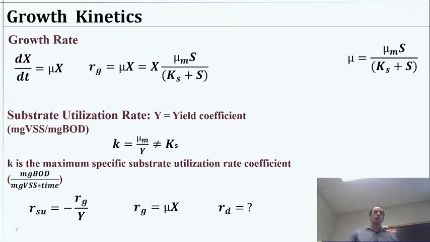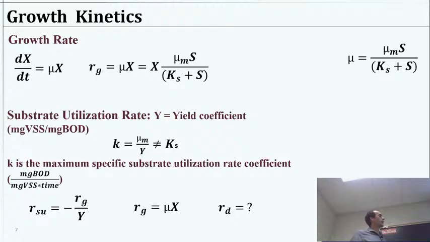Okay, so the growth rate. We have that as dX/dt is mu X. We could expand that to say that's X times what we have with that Monod equation, right? The mu max S divided by Ks plus S. And in order to relate that with how much food we're using, we can describe what we would call a yield coefficient.